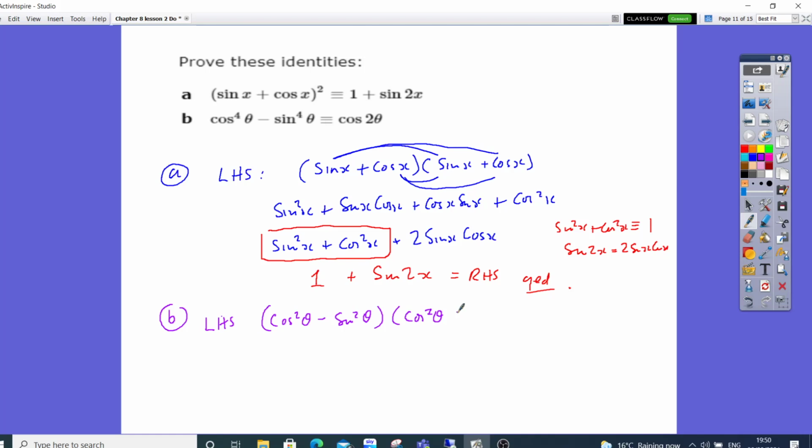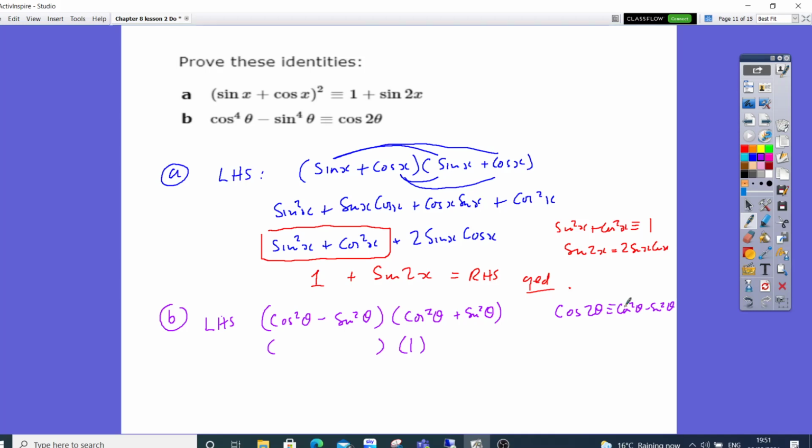plus sine squared theta). Now as soon as you do that, you realize that because of our year 12 identity, sine squared plus cos squared is equal to 1, this is equal to 1, and you are timesing 1 by cos squared minus sine squared. Now that is the same as cos 2 theta.